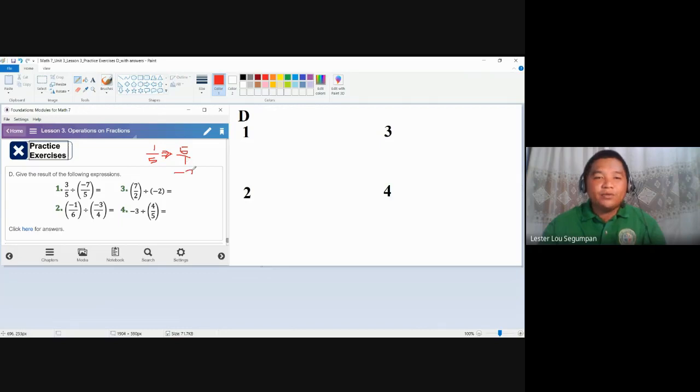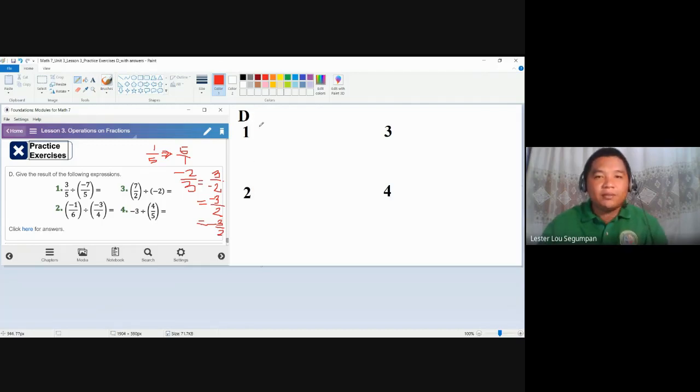If we have negative 2/3, its multiplicative inverse is 3 over negative 2, which can be rewritten with the negative sign at the numerator or in the middle. So that's the concept of multiplicative inverse. And how is it very important in our discussion? Now, our problem is all about division.